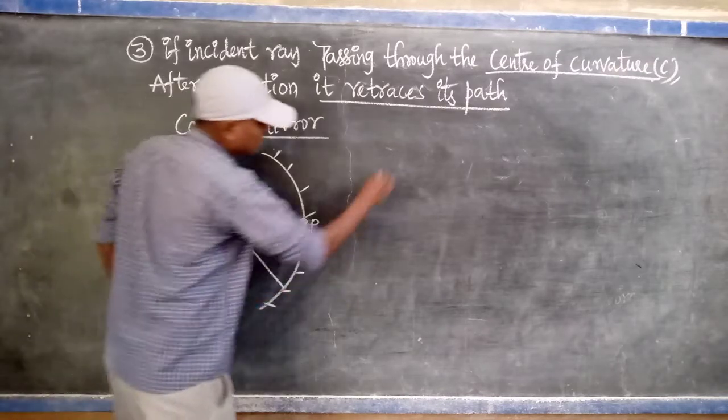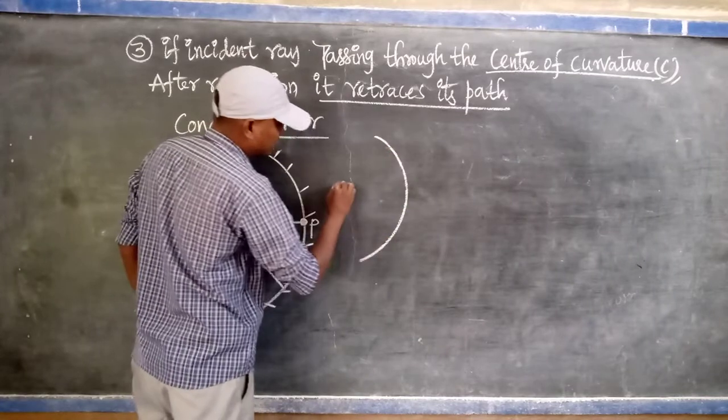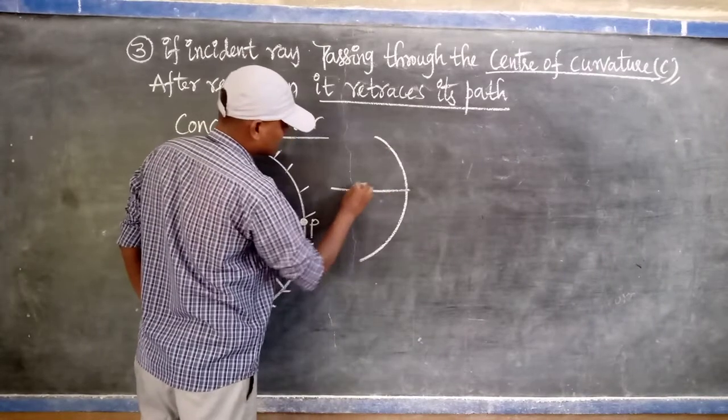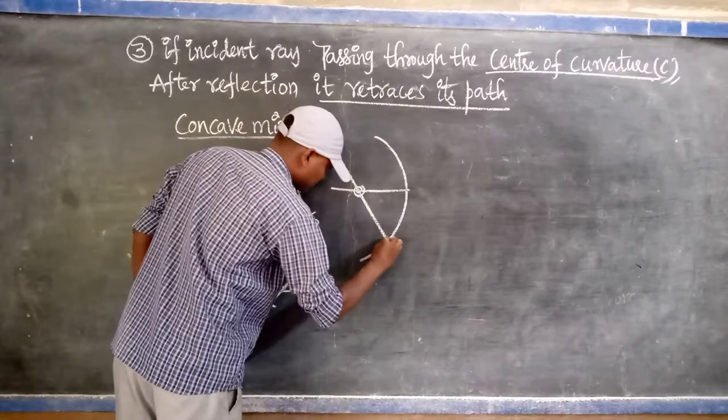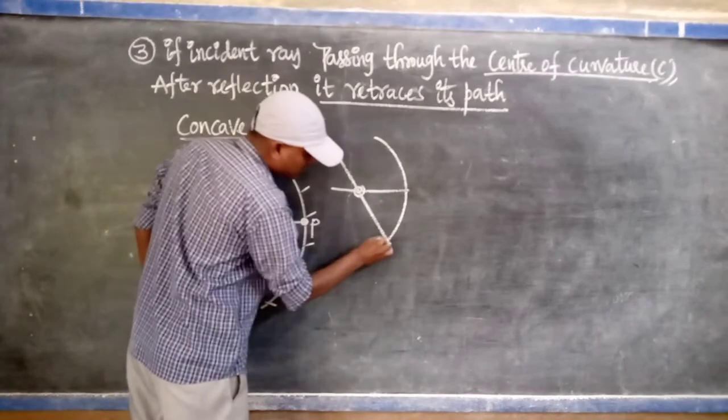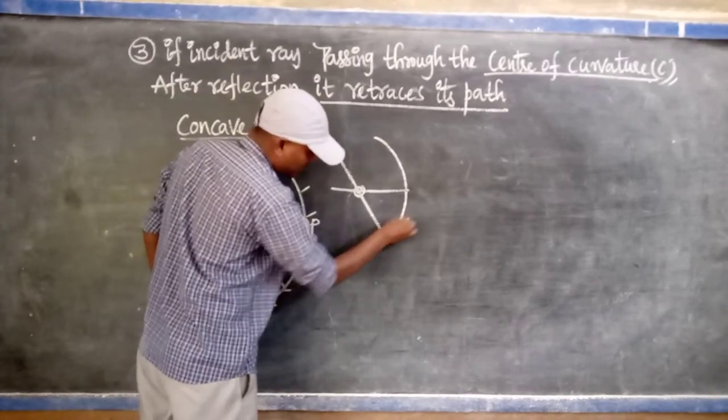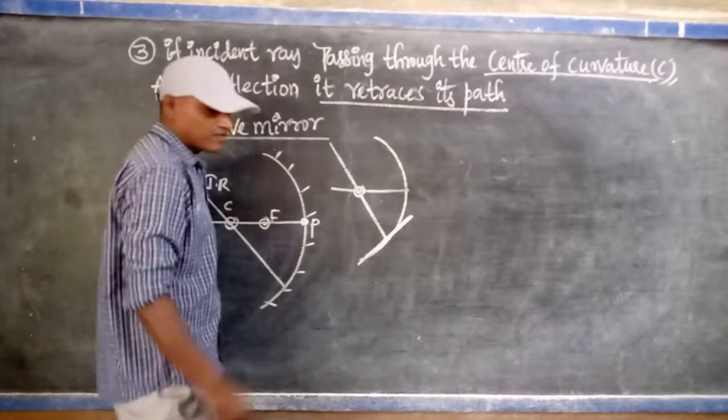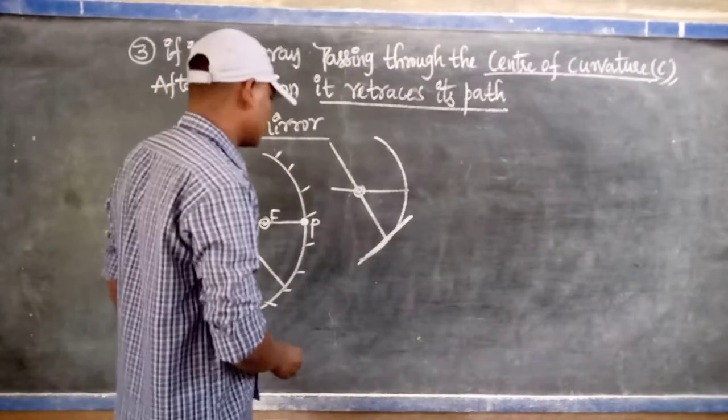The incident ray is passing through the center of curvature. This one we can set as C. Here, at this point, we draw the normal. Then what will happen? You are observing that.